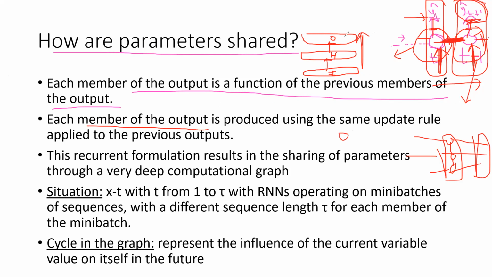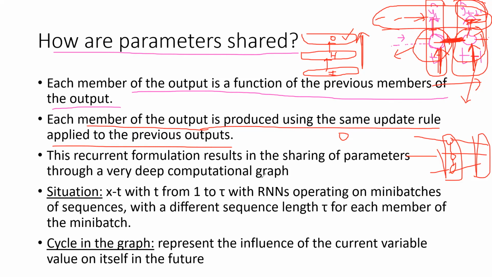So each member of the output is produced using the same update rule applied to the previous outputs. Okay, so I have an output here, I have an output here, I have an output here, I have an output here. So all these outputs are being produced using the same update rule and by using the same parameters. Okay, so this recurrent formulation results in the sharing of parameters through a very deep computational graph.